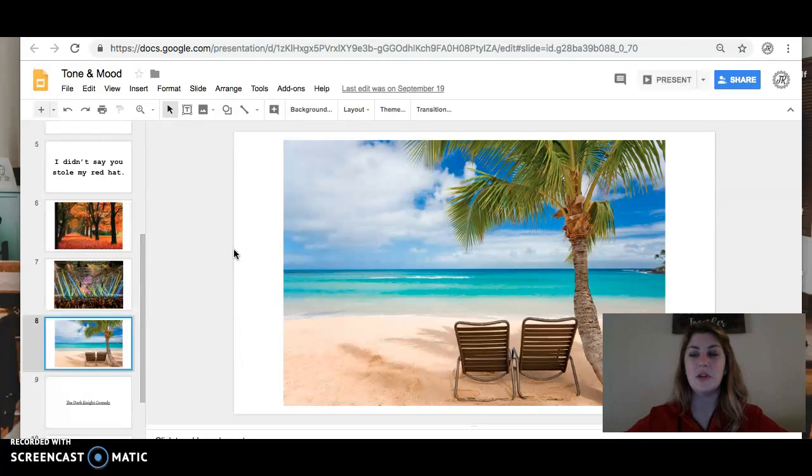Try to have an open mind and tell me what both sides of that would look like. Once again, if we're looking at this picture, some people see it as nice weather and peaceful and quiet, but some people see it as hot and sandy and not a lot of shade, and lonely. So look for both sides of it.